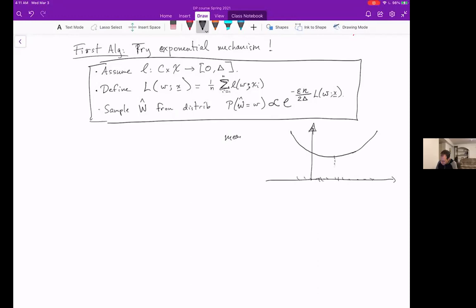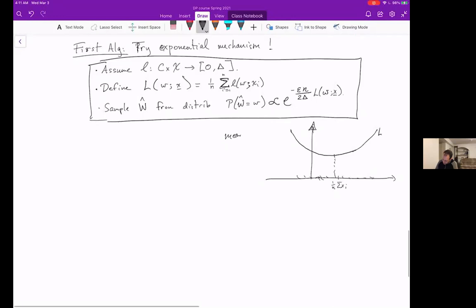And it has a unique minimum at the actual mean of the data, the sample mean of the data set. And so that's what the loss function L will look like. And so what the corresponding exponential mechanism will do is it will actually sample from a Gaussian.